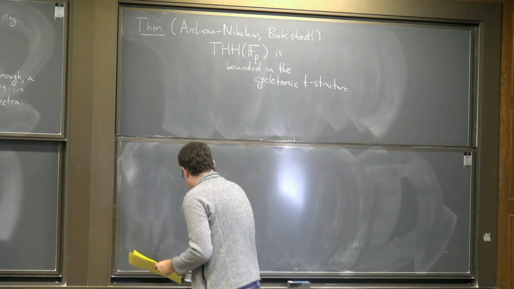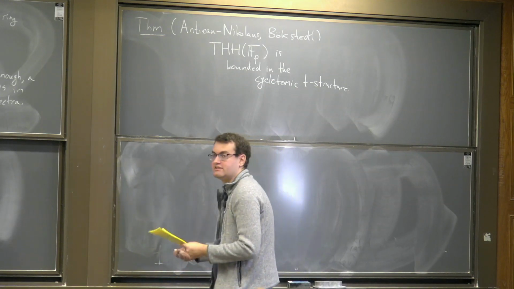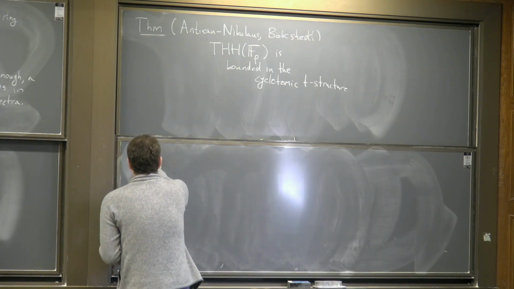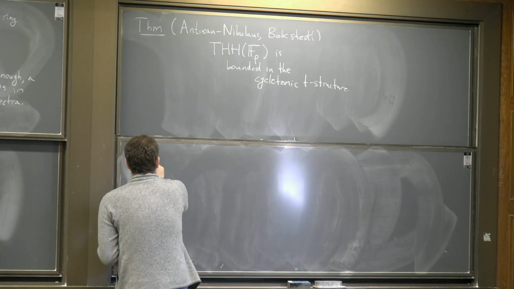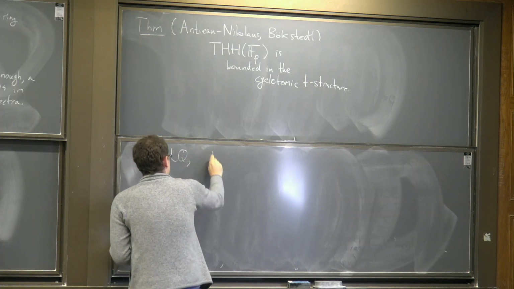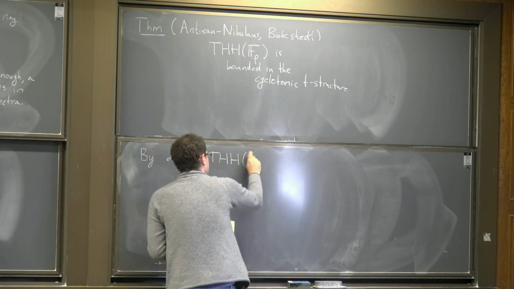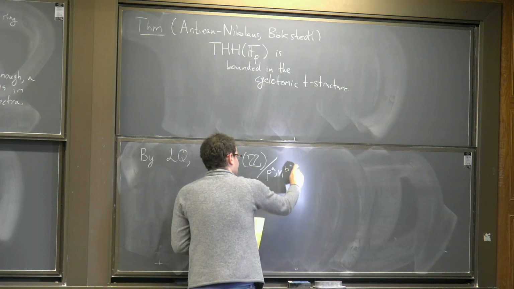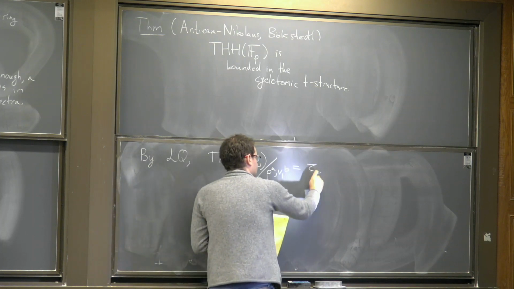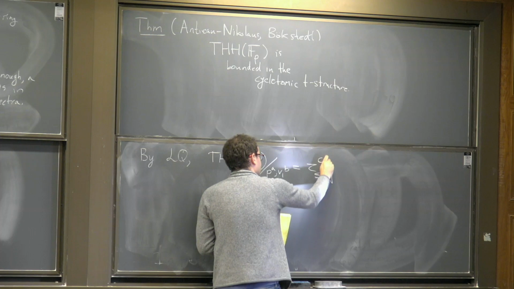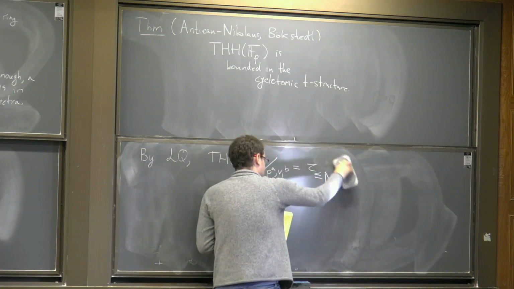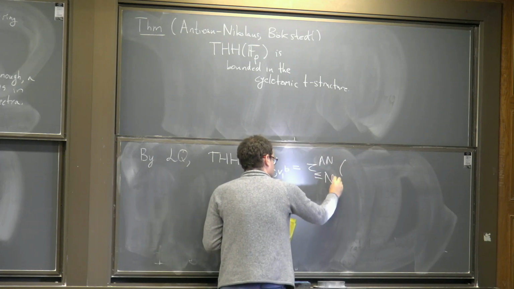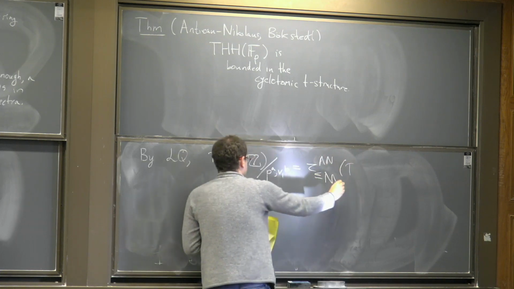Well, by this Lichtenbaum-Quillen conjecture, this result of Hesselholt-Madsen, if I take THH of Z and I mod out by p to the a and v1 to the b, that's just equal to some truncation in this Antieau-Nikolaus t-structure of the same thing.